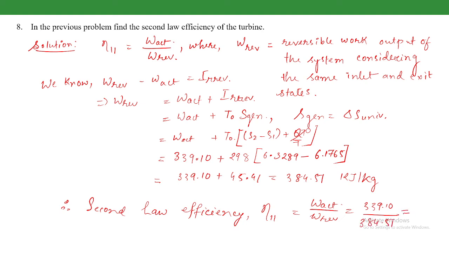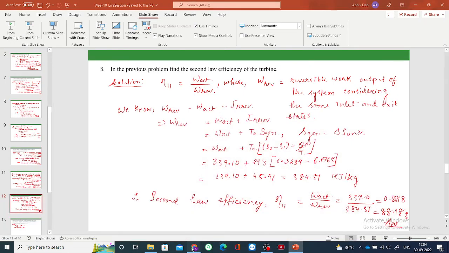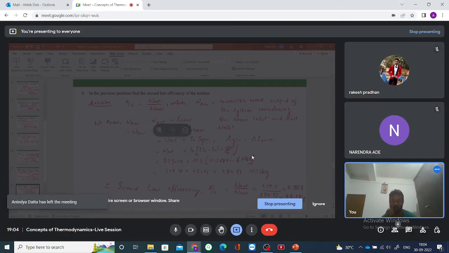So this value is 0.8818 or 88.18%. Okay, so this is the second law efficiency. Okay. So is it clear to everybody?